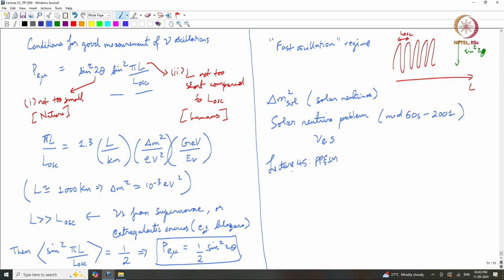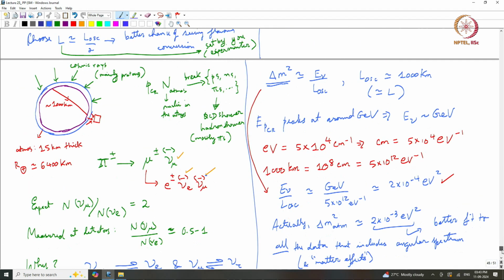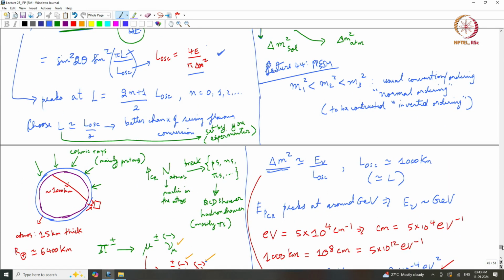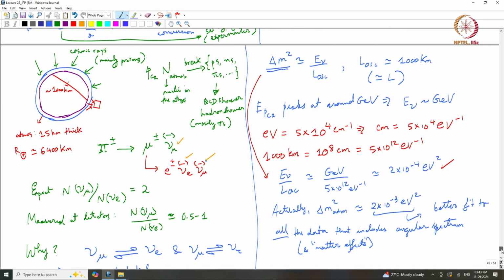This is lecture 45, and in the last class we saw how one of the delta m squareds in nature was measured using atmospheric neutrinos. The idea was that cosmic rays that are around a GeV in energy hit the nuclei in the atmosphere, which produces a hadronic shower consisting mainly of pions, and the charged pions decay to a muon and a muon antineutrino, or, depending on the charge, an anti-muon and a muon neutrino.